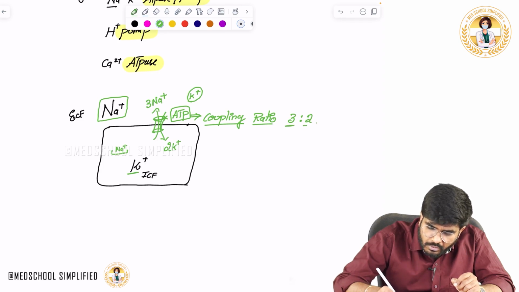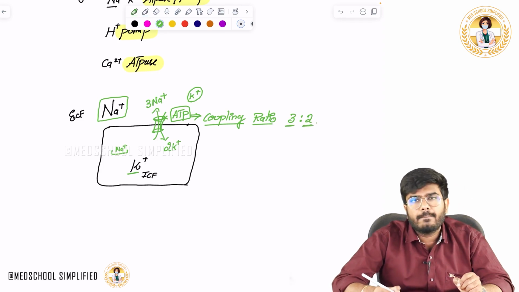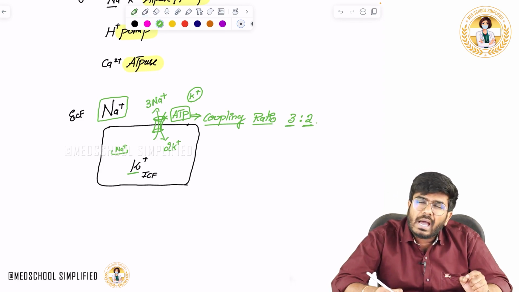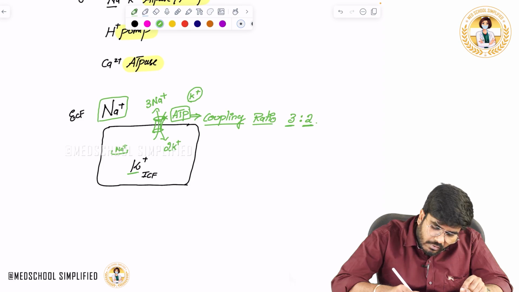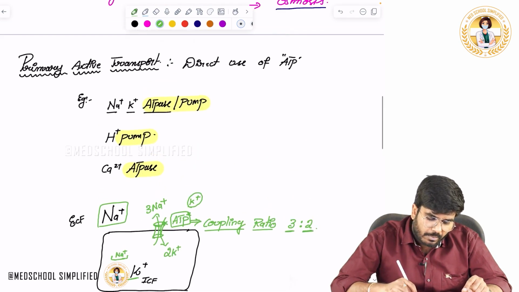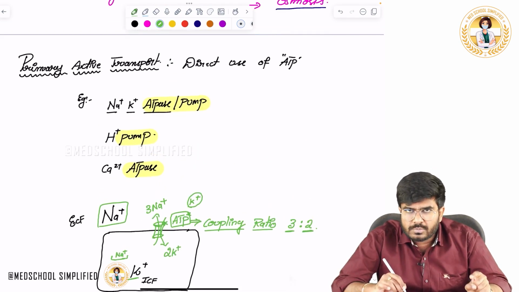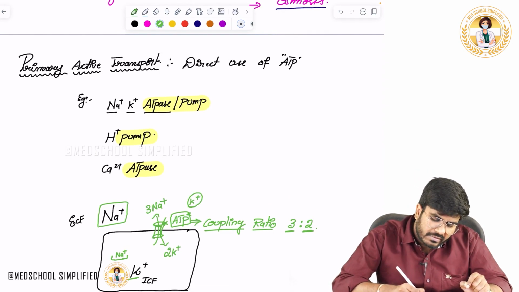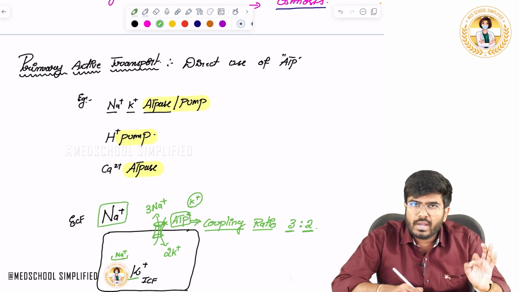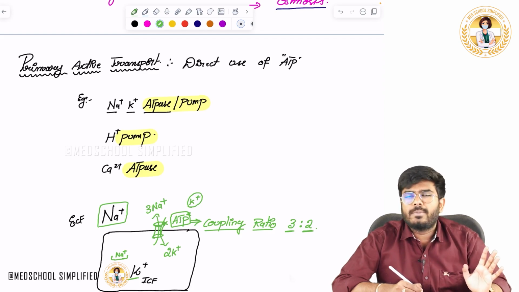Substances are moving against the concentration gradient, so ATP is involved. It is an example of primary active transport, direct use of energy. Wherever you see the word ATPases or pumps, they are all examples of primary active transport.